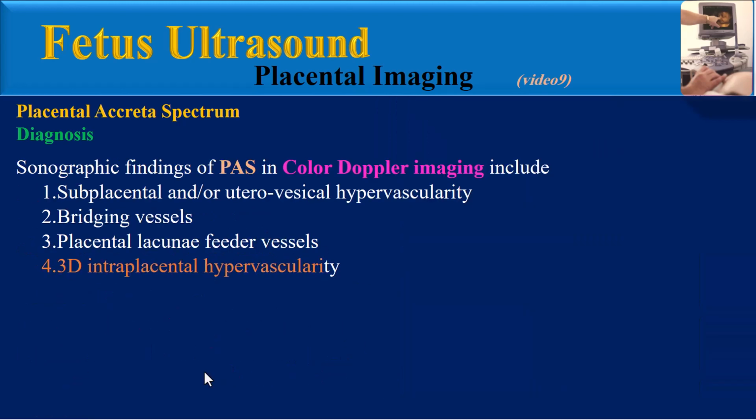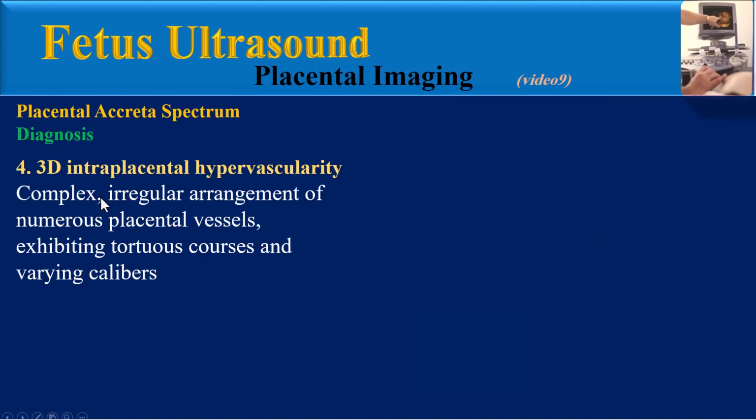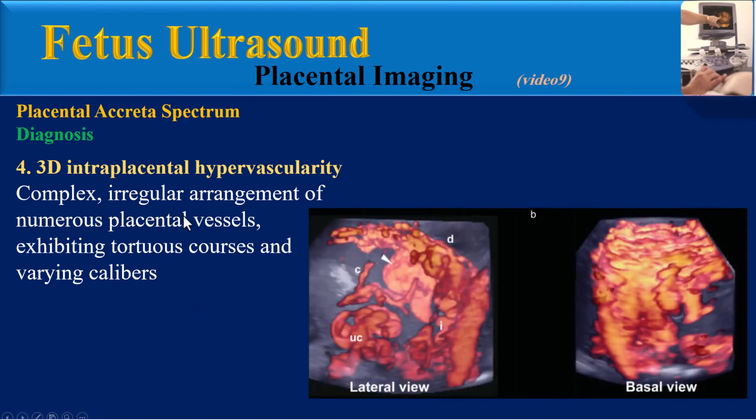3D intraplacental hypervascularity. In 3D image, we can see complex irregular arrangement of numerous placental vessels exhibiting tortuous courses and varying calibers. In this 3D power Doppler ultrasound image, here we can see umbilical cord, placenta, decidual plate, intervillous circulation, and cotyledonal circulation.